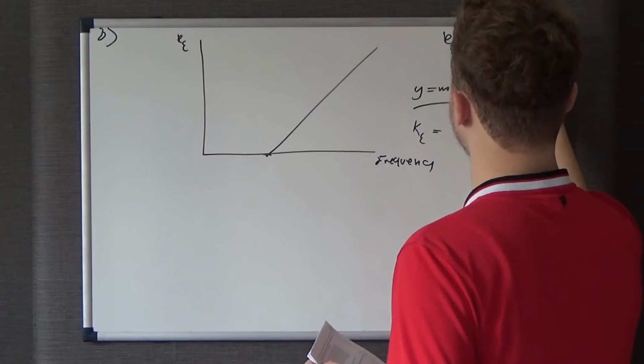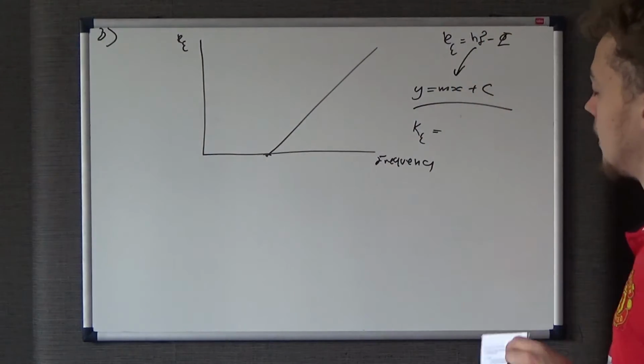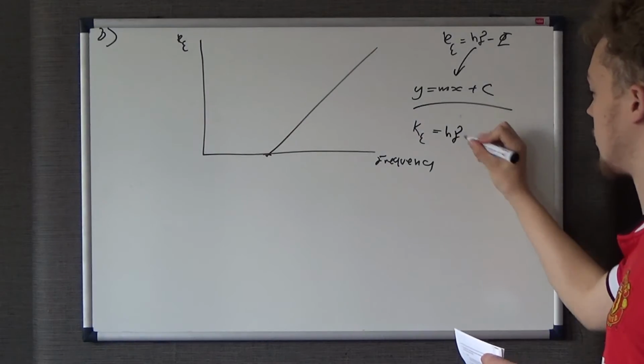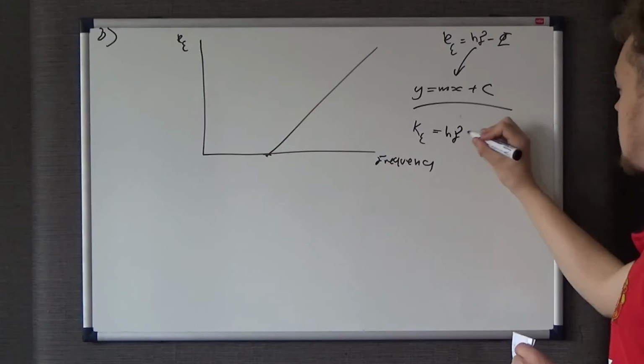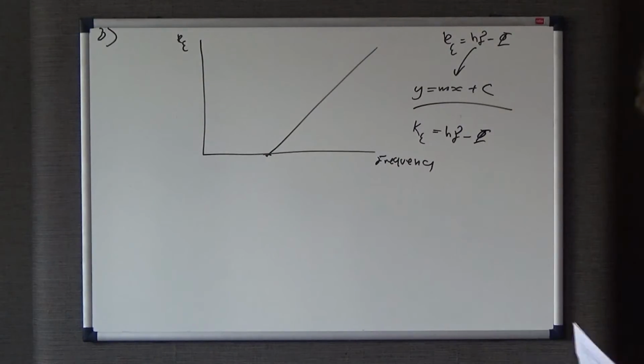take the work function. You can relate that quite clearly to this graph, to this equation of a line, where the gradient is Planck's constant, frequency is on the x-axis, and the work function is the plus c. Even though it's minus c, it should still work, because c can be minus.